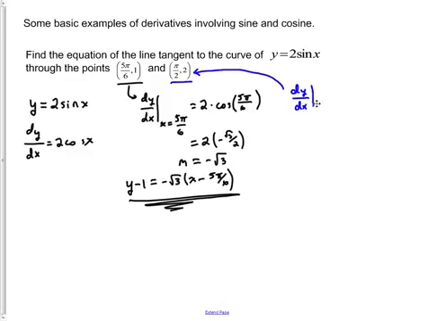When we substitute in x equals pi over 2, we're going to be taking the cosine of the angle pi over 2.